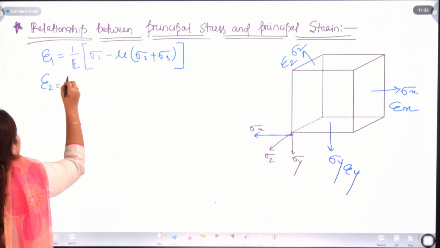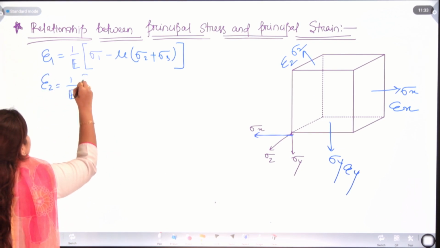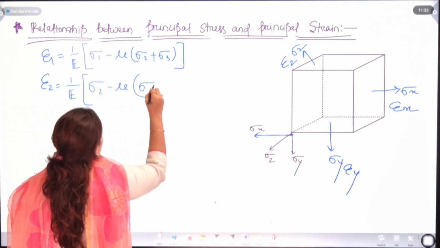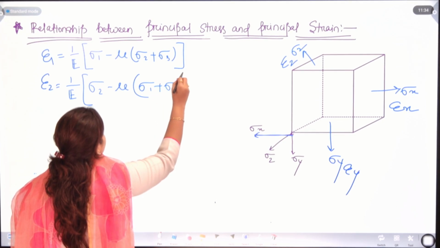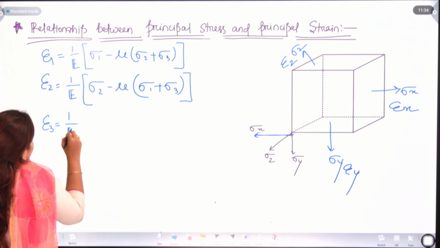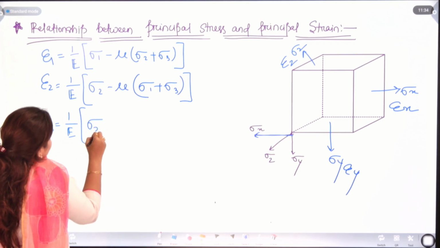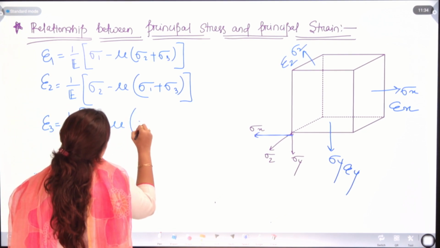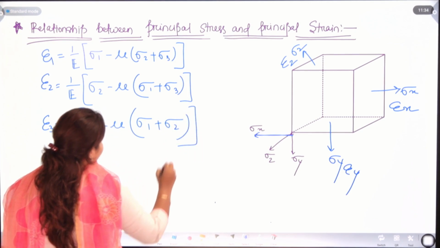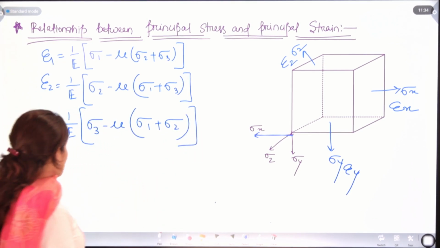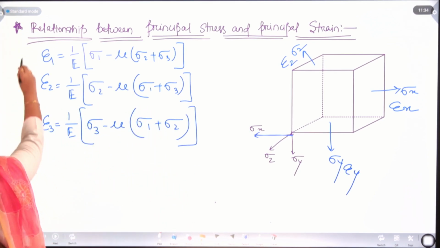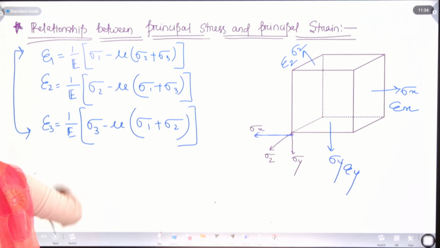Again, epsilon 2 is equal to 1 by E into sigma 2 minus mu into sigma 1 plus sigma 3, and epsilon 3 is equal to 1 by E into sigma 3 minus mu into sigma 1 plus sigma 2. Okay, now we have these three equations.